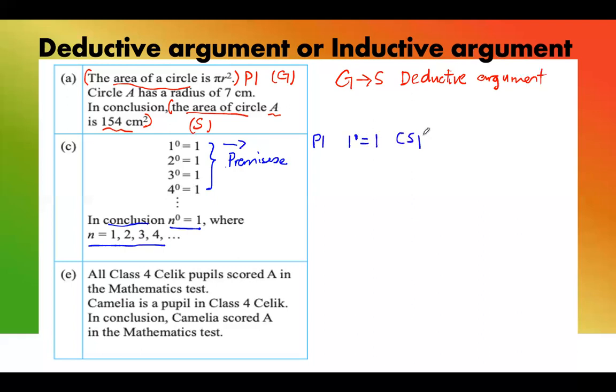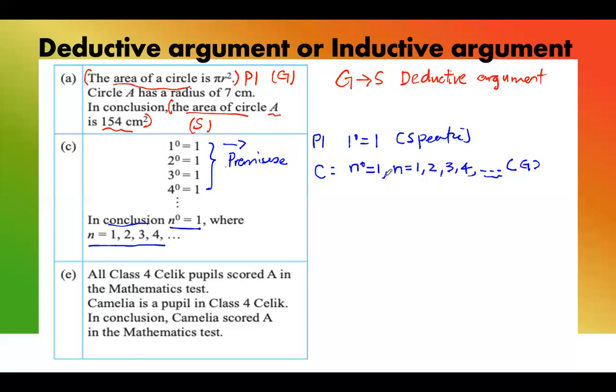This is a specific statement. Then our conclusion, C is for conclusion, is n to the power 0 equals 1, where n equals 1, 2, 3, 4, and so on. Here there must be 3 dots. Later on I'll teach you. So this is general.